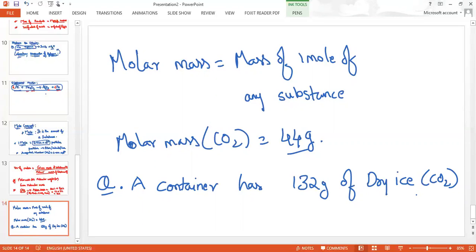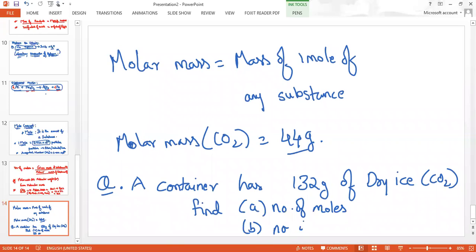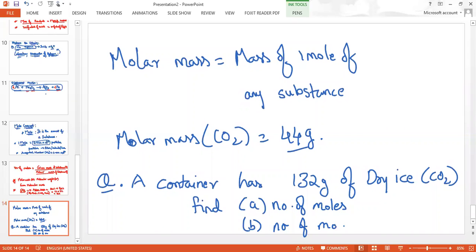Find the first part, number of moles. Second part, number of molecules. If you have done this question, then we will end today's session. Let's see who solves first.